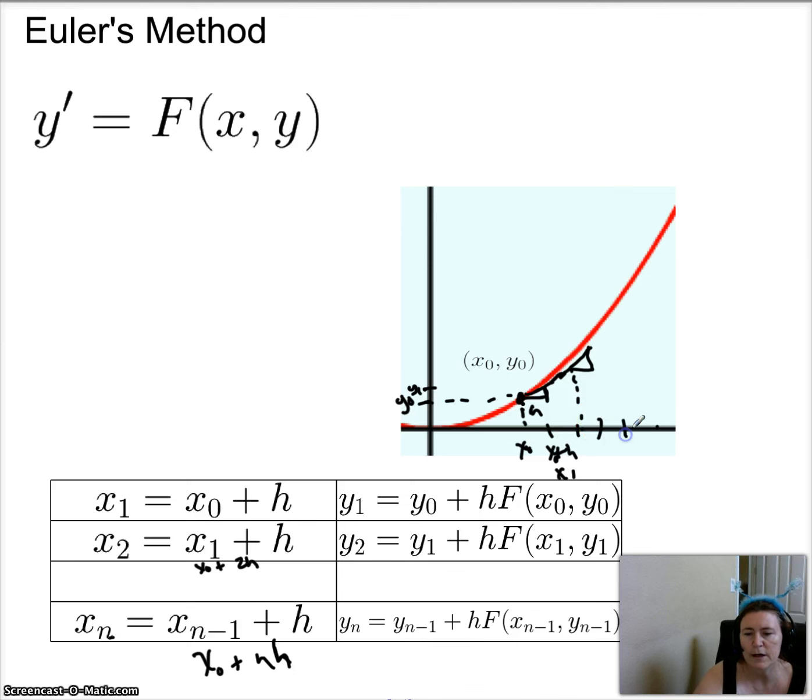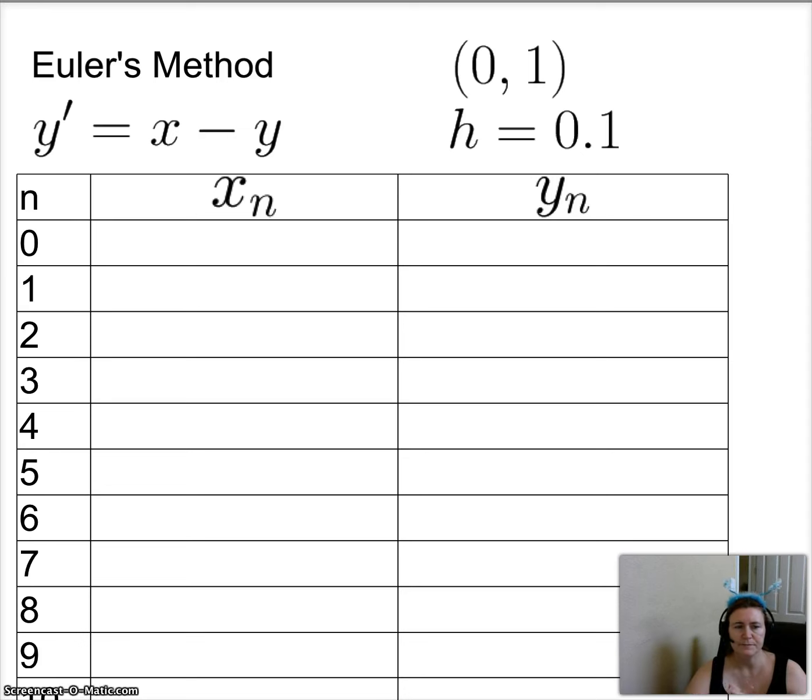So in x, we're moving over nice even increments, but in y, we're moving over different amounts depending upon the point beforehand plus the increment times the slope, because we're moving over always delta x, and we're going up h times f at xn minus 1, yn minus 1. This is just meticulous. What you're going to want to do is make a chart.